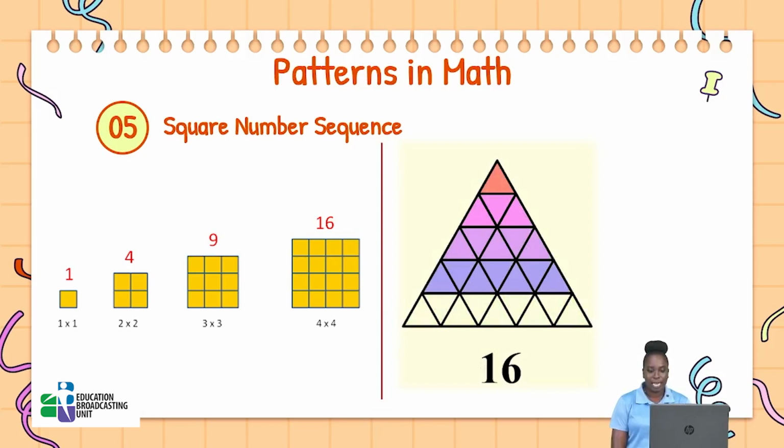When we multiply an integer by itself, the resulting product is called a square number. So, 0, 1, 4, 9, 16, and 25, and so on are all square numbers.